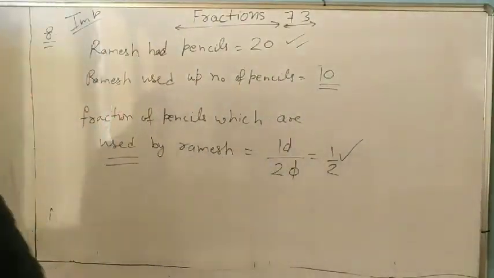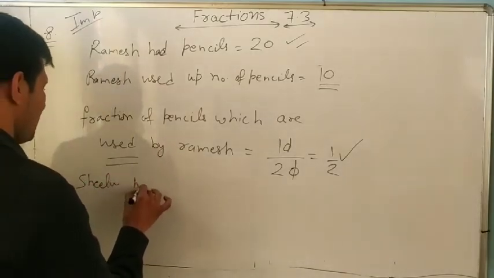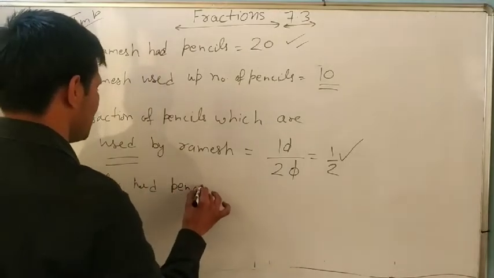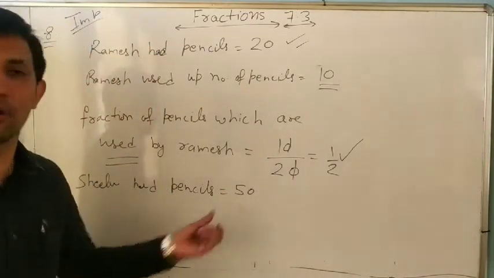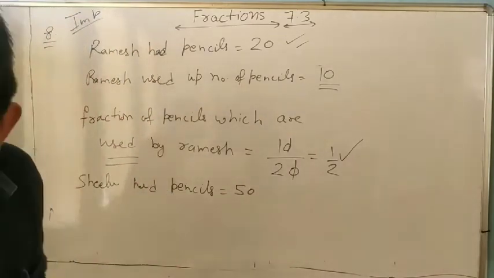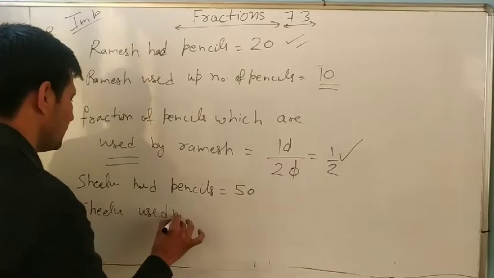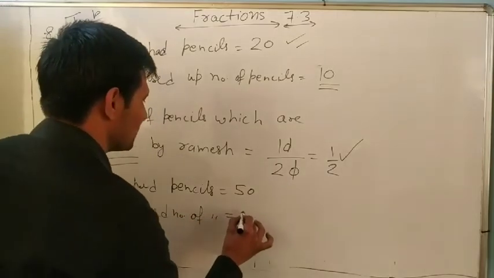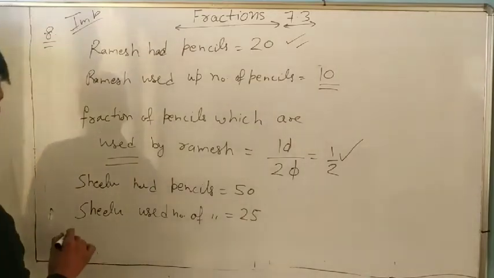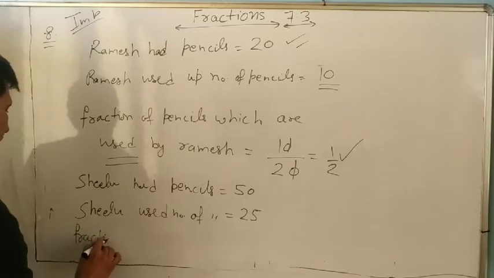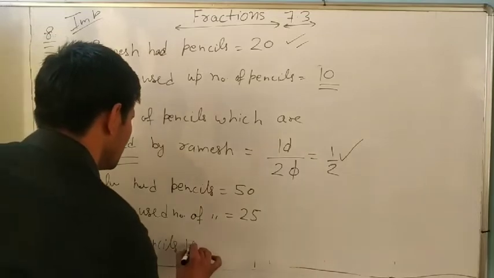Same as it is, you can find for Silu. So write, Silu had total pencils. How much? Read the question. Silu had how many pencils? 50 pencils. And how much used? So Silu used a number of pencils. How much? 25. So write the fraction of pencils used.